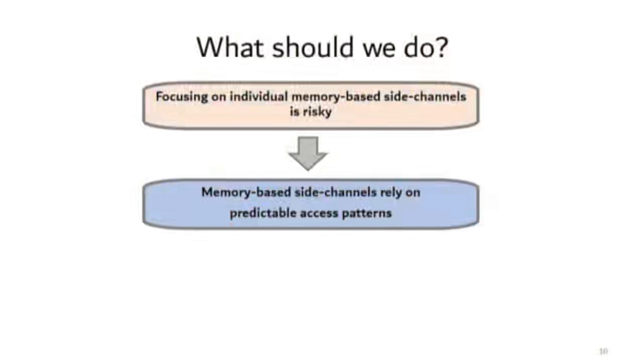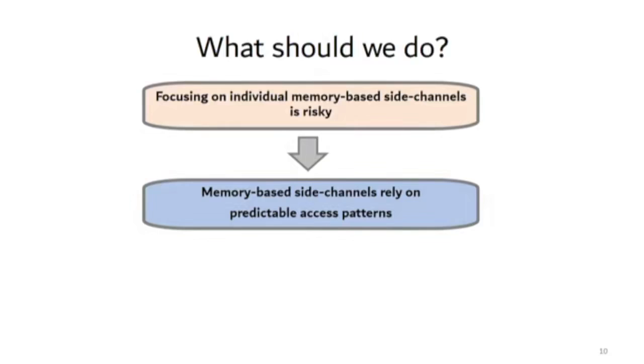So if you focus on one of them and try to fix it by masking it, by ensuring that, let's say, you don't get the side channels outside the enclave, it's not really a very good idea, I believe. The thing you have to realize is that all memory-based side channels rely on predictable access patterns.